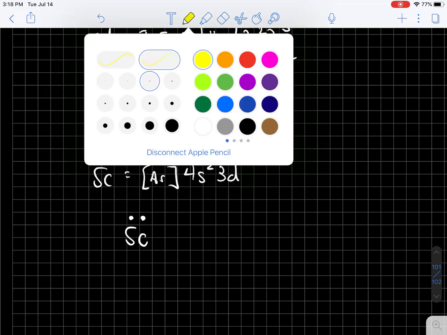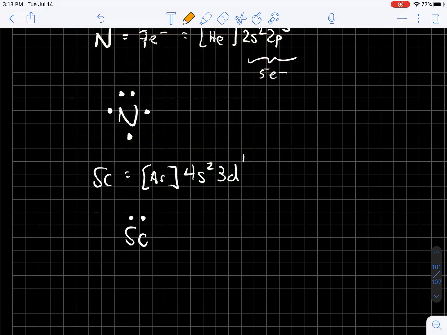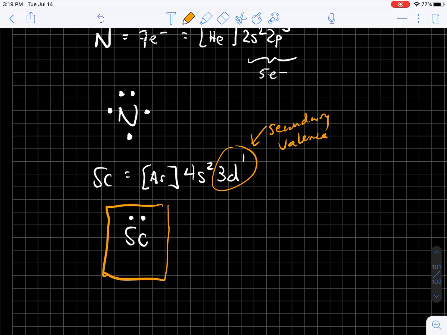All right, this is secondary valence. And secondary valence electrons are not included in an electron dot diagram. So the only dots that go in there are the 4s2 electrons. And folks, that's it. That's as easy as it gets.